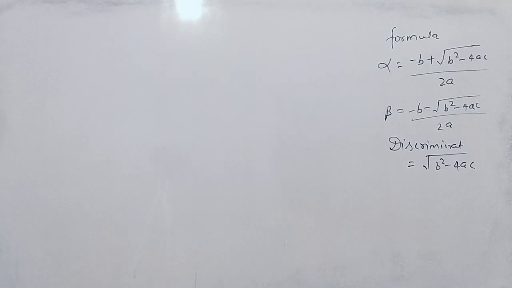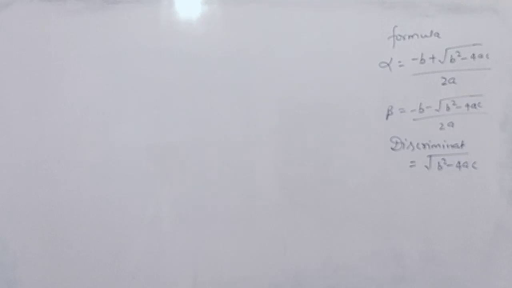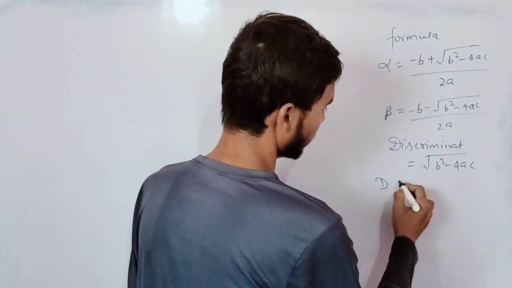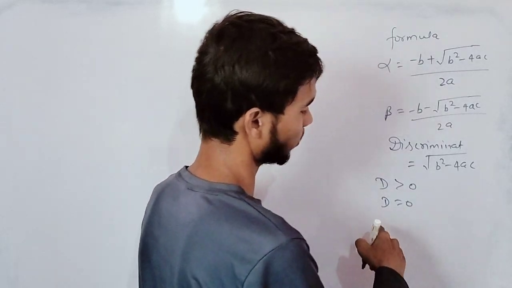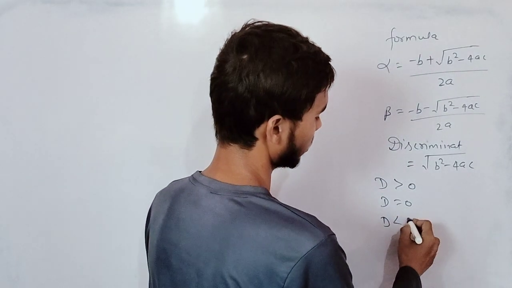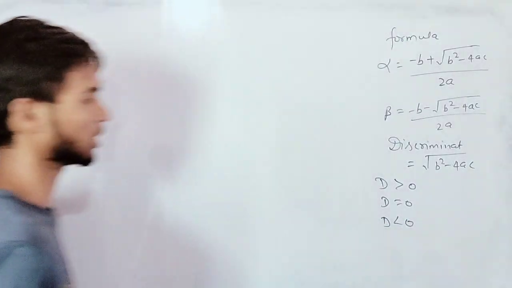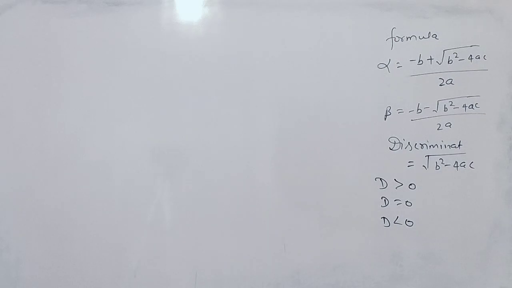From the discriminant we can find the nature of roots. If D is greater than 0, D is equal to 0, or D is less than 0, what can we say?